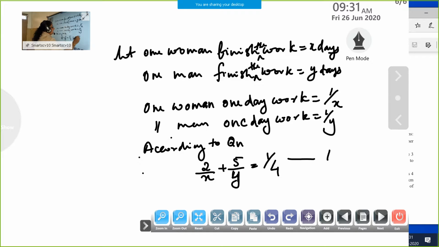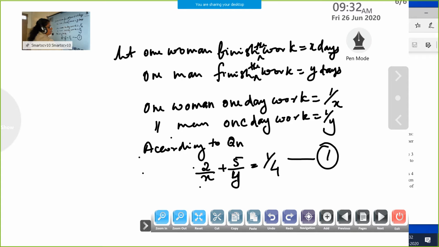That is our first equation. Clear? 2 women's 1 day work is 2 by x, since one woman's 1 day work is 1 by x. Then the 5 men's 1 day work is 5 by y. That is equal to 1 by 4.